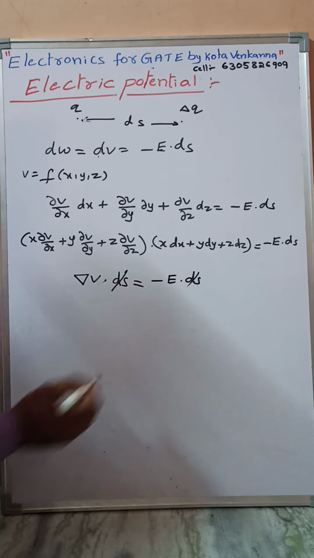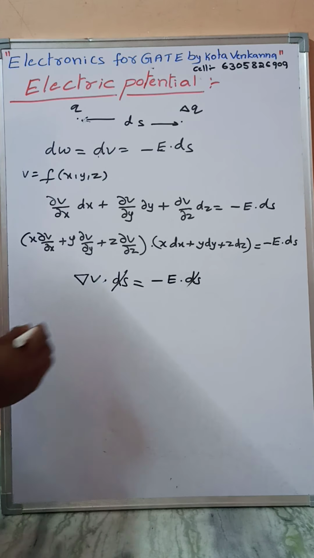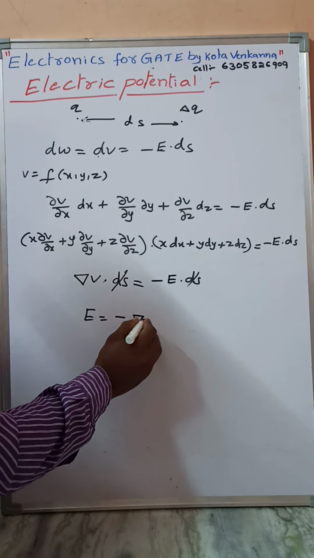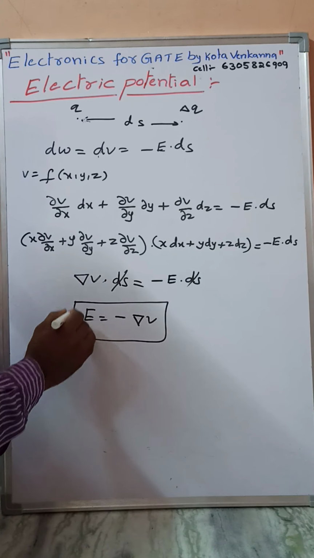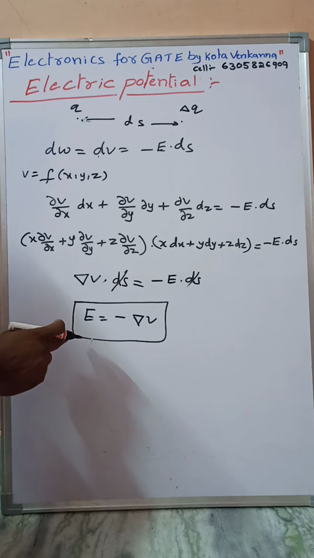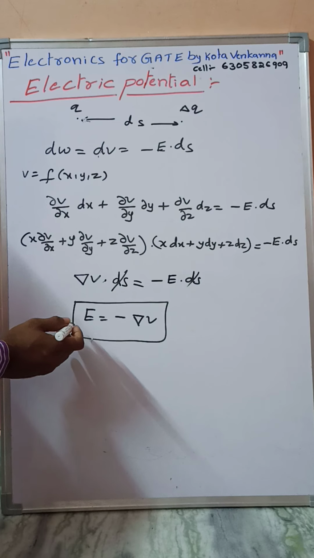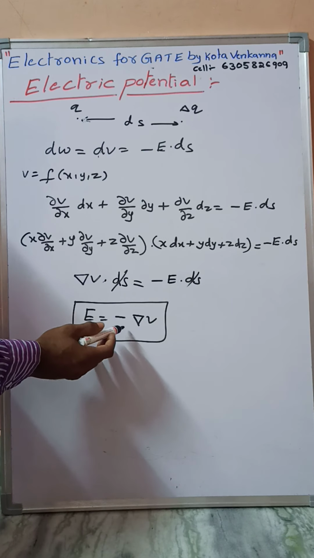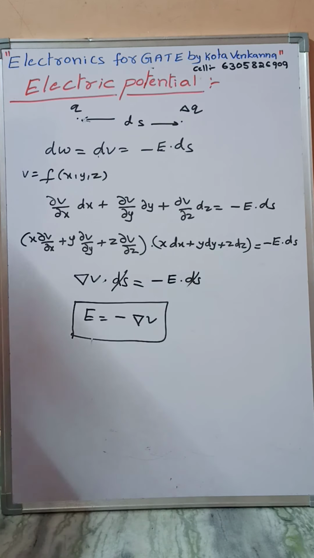So ds cancels on both sides. Therefore E is equal to minus del V. It is the representation of the relation between E and V. Here the electric field strength at any point is the negative of the potential gradient at that point.